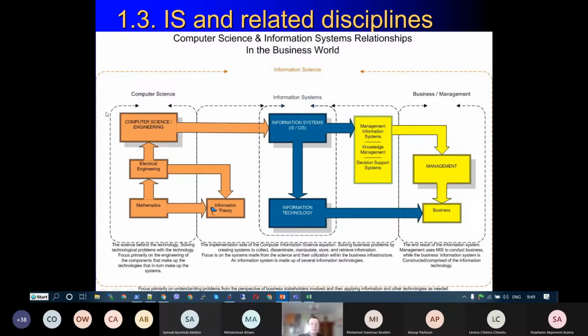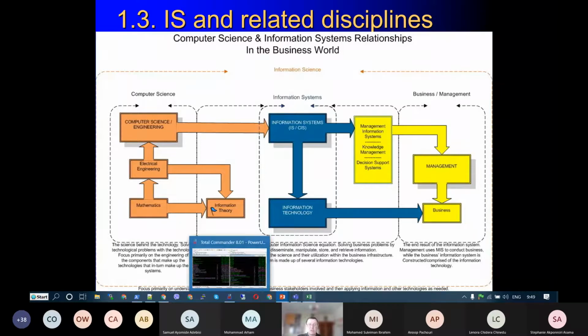Through development of a specific computer system along with hardware, we can get into development of an information system through study of information technologies. And finally, we achieve some working business solution in the form of a transaction processing system, management information system, decision support system, and even up to modern popular terms like artificial intelligence systems and so on.